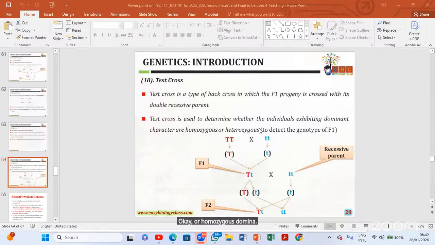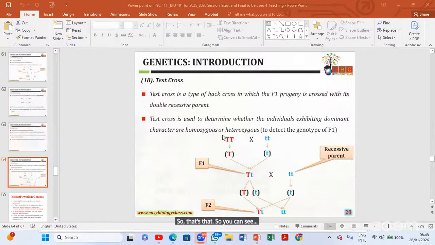So to know that, we carry out test cross. If we carry out the test cross and all of them are dominant, that shows the parent that resulted in F1 is homozygous. But if they are heterozygous, all the offspring at F2 will have equal proportion. So that's that.